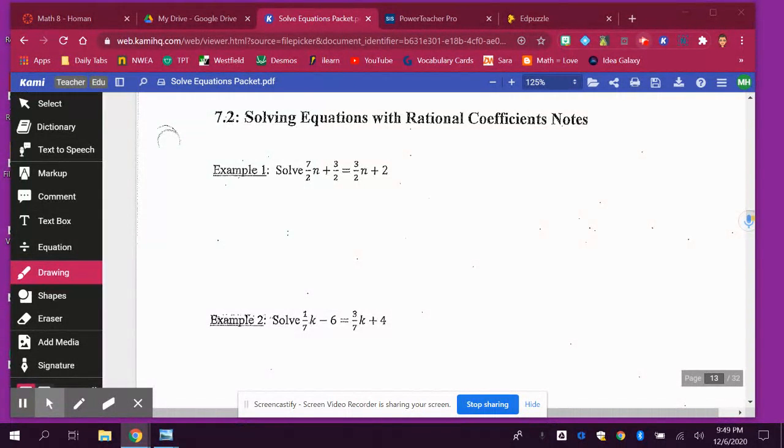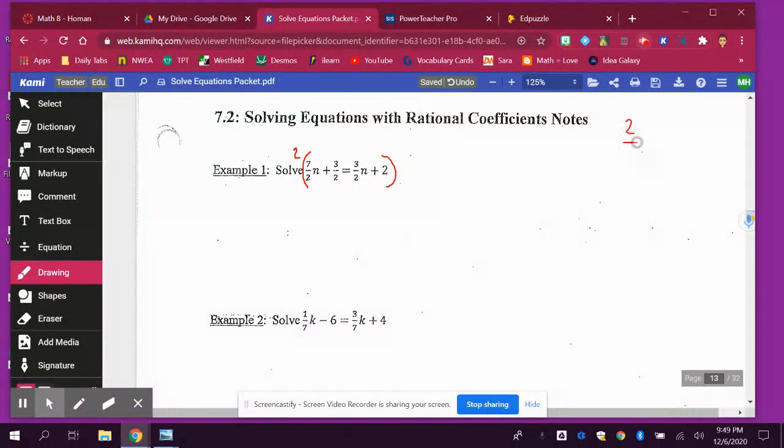So what we're going to do to get rid of those is multiply by that denominator. So I'm going to take all of this and multiply it by 2, and I'm going to write this over here to show you what happens.